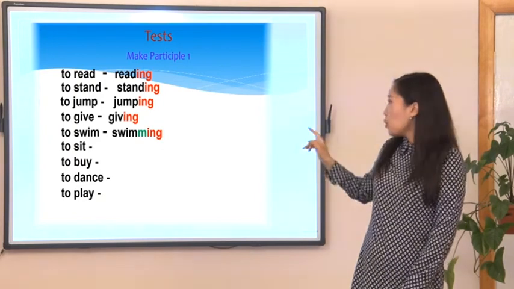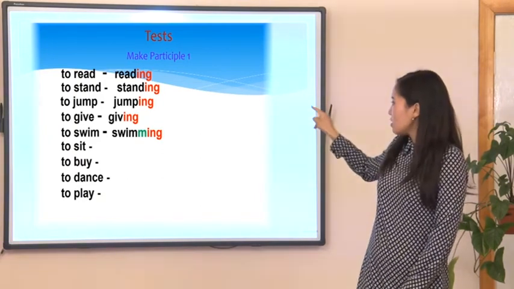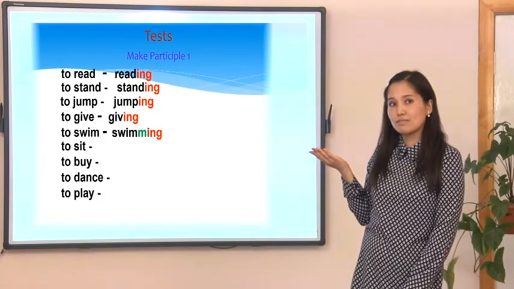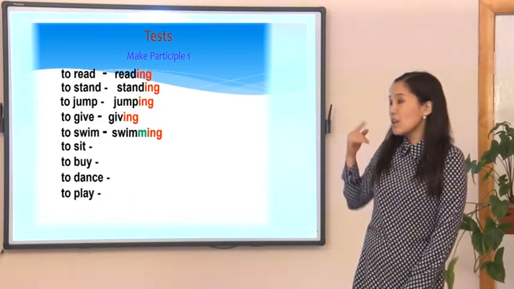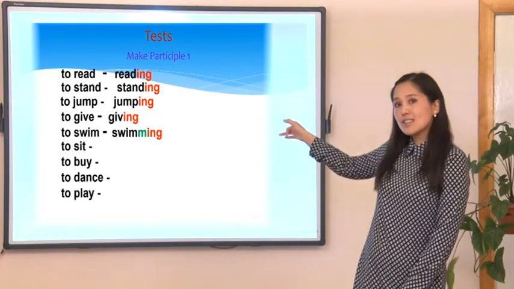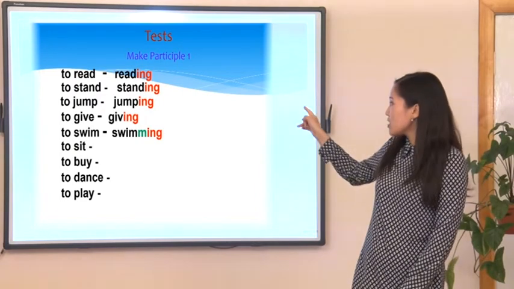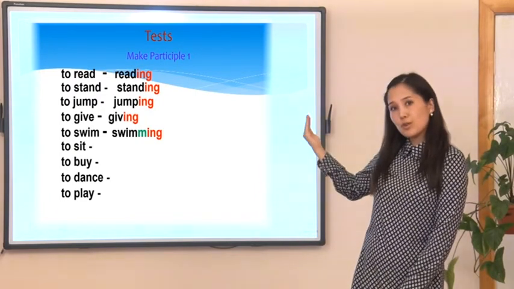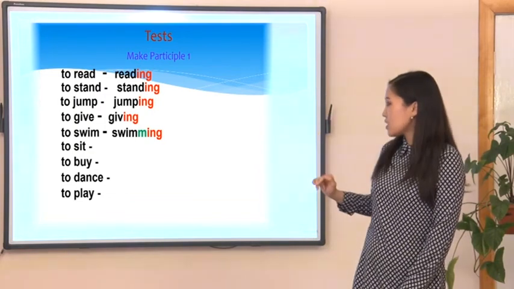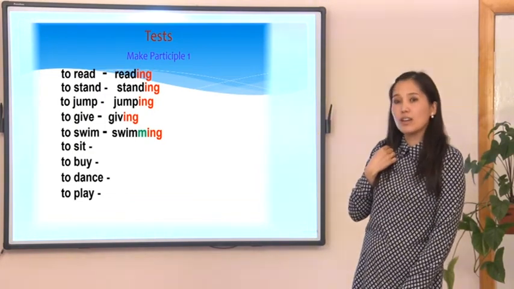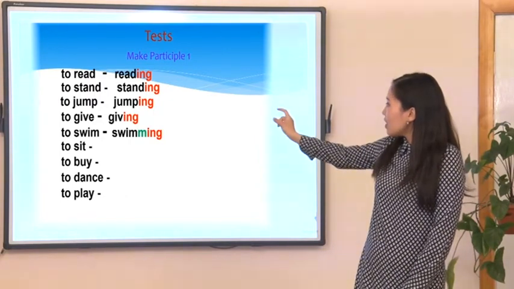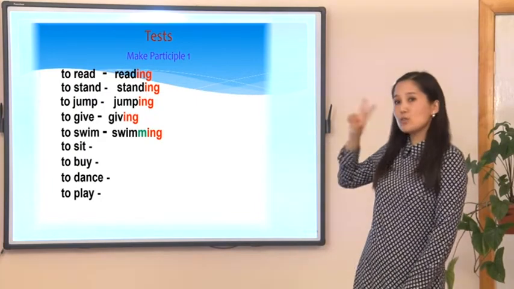Let's think. Why do we use two letter M's here? Do you remember? We have a verb here, but the last letter is the consonant M. Before M, we have a vowel sound I. That's why when we make the continuous form, the ing form, we put the last letter twice.